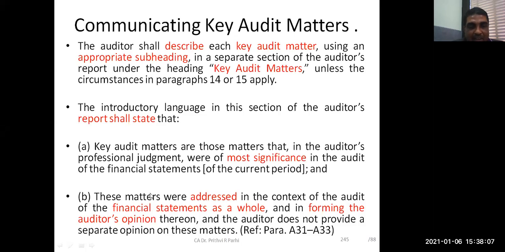It has also been stated that these matters are addressed in the context of the audit of the financial statements as a whole and in forming the auditor's opinion. It should not only state those matters, but also show how these matters were addressed.